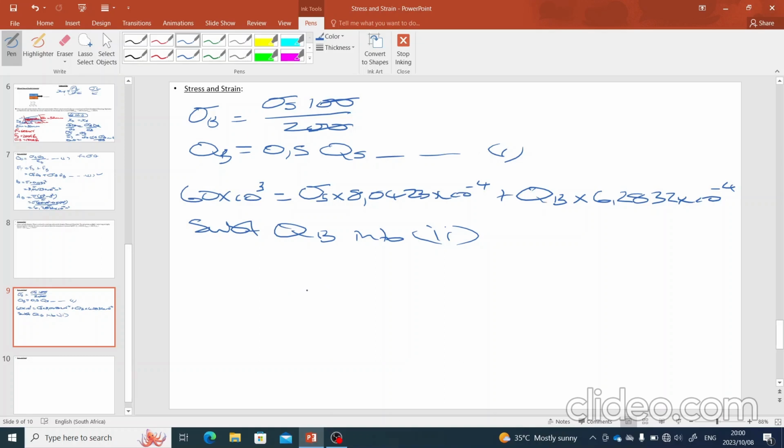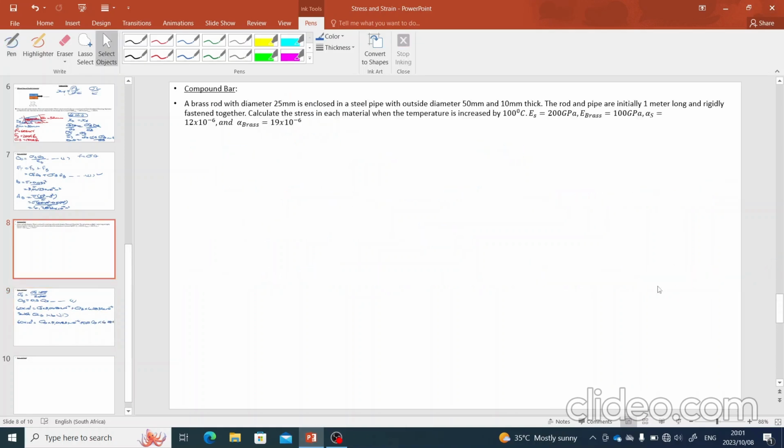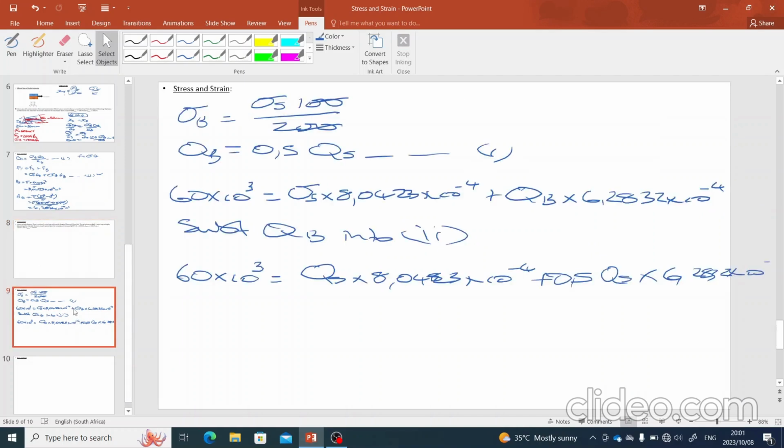Now we will be putting that. Now we are having 60 multiplied by 10 to the power 3 equals stress steel multiplied by 8.0423 multiplied by 10 to the power negative 4 plus, where there's B we put 0.5 stress steel multiplied by 6.2832 times 10 to the power negative 4.